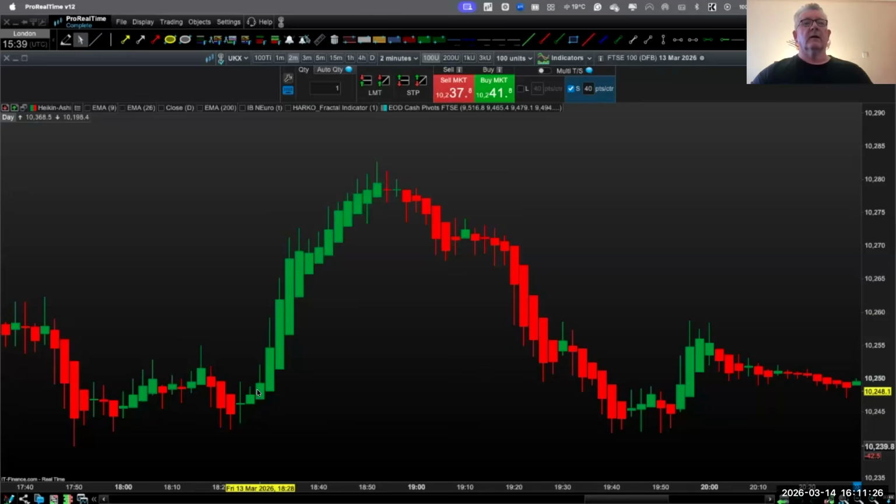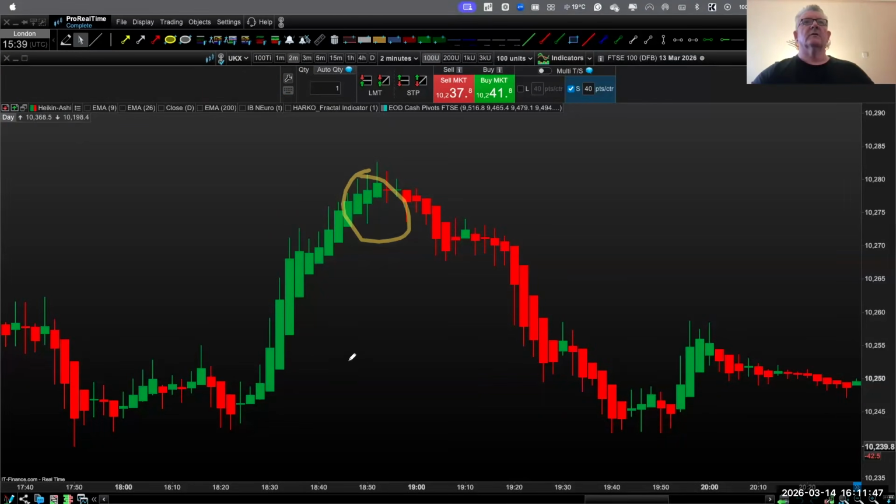It stops you having the indecision of, oh, there's a red candle, oh, there's another red candle. Stay in until the market tells you with Heikin-Ashi candles that you shouldn't be in. And this candle here would be the first candle to say watch out, and then this candle is, well, maybe get out completely.